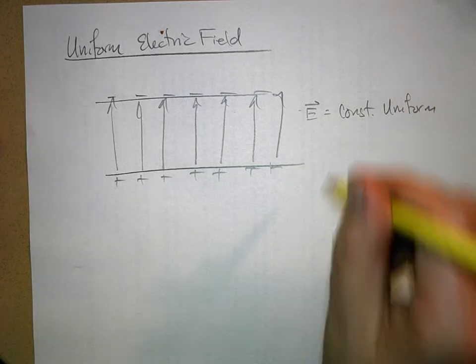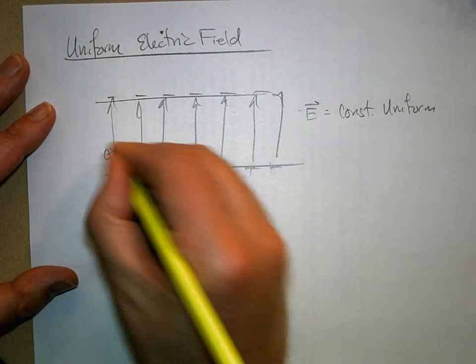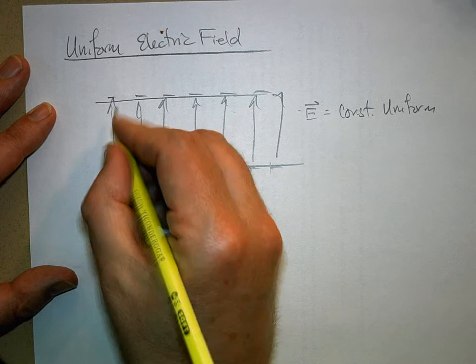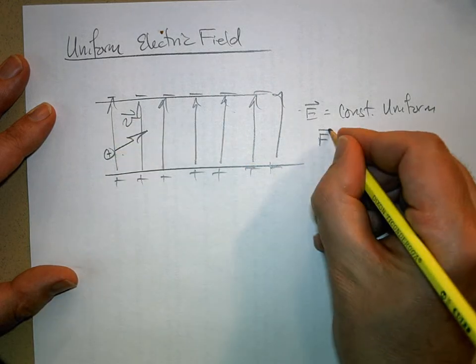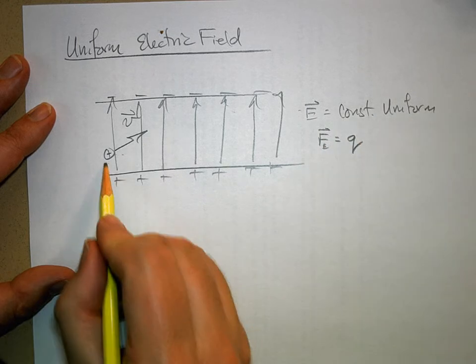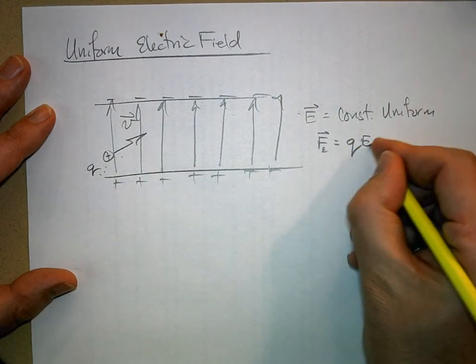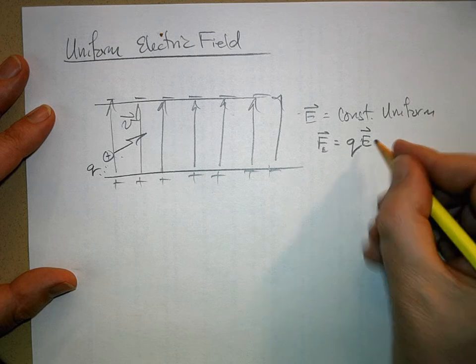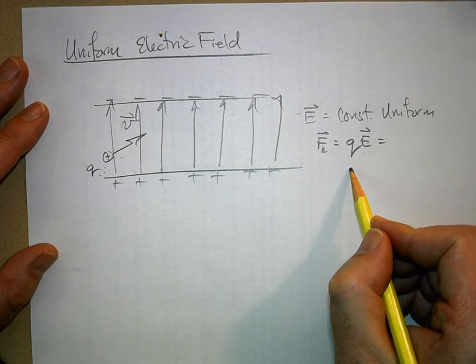Well, that means that the force on my charge, let's say I inject a charge at a certain velocity like this. What's the force on that? Well, the electric force is equal to the charge times the electric field. But if the field is constant and the charge is constant, that means the force is constant.